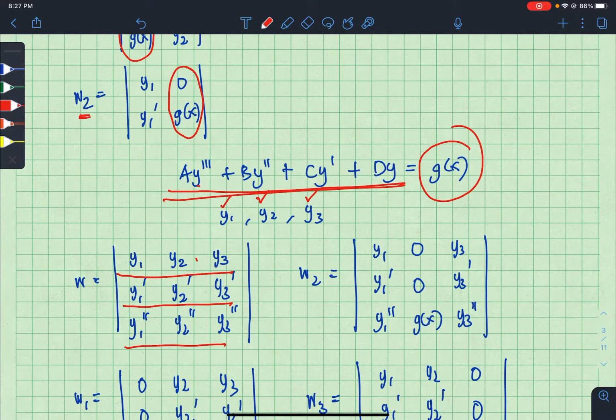For our u sub 2, integral of w sub 2 over w. W sub 2 is e negative 2t ln t. So e raised to negative 2t ln t all over w, which is e raised to negative 2t, and dt. So that would cancel out. That is just ln t dt.